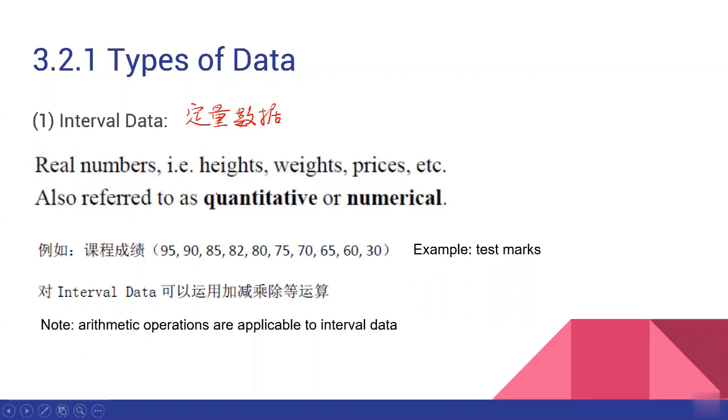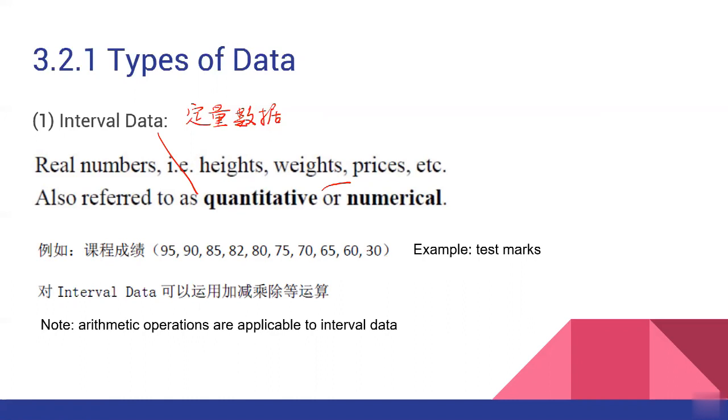Interval data has a number, and the number really means something. For example, heights, weights, prices are all interval data. Sometimes we say that interval data is also quantitative data or numerical data. These are the same.